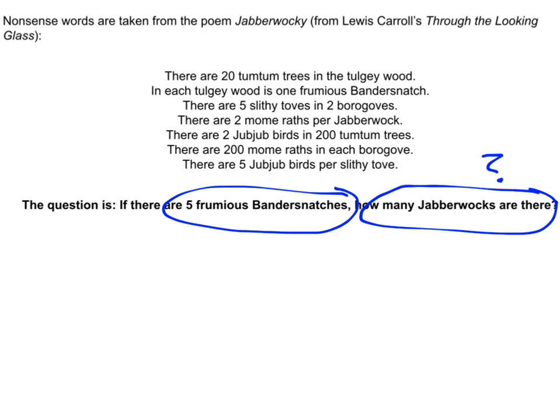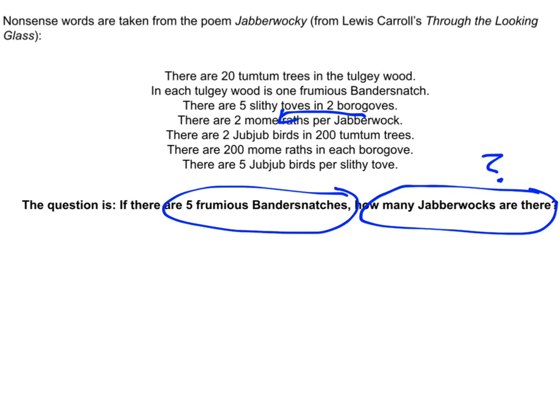All right, so let's find Jabberwocks in this information, and I see it here. 2 mome raths per Jabberwock. So what that tells me is that I can write Jabberwocks in terms of mome raths. Not helpful quite yet because what I know is bandersnatches, not mome raths.